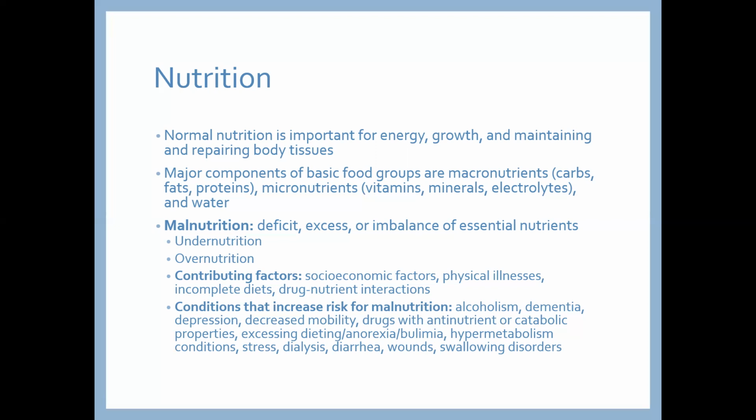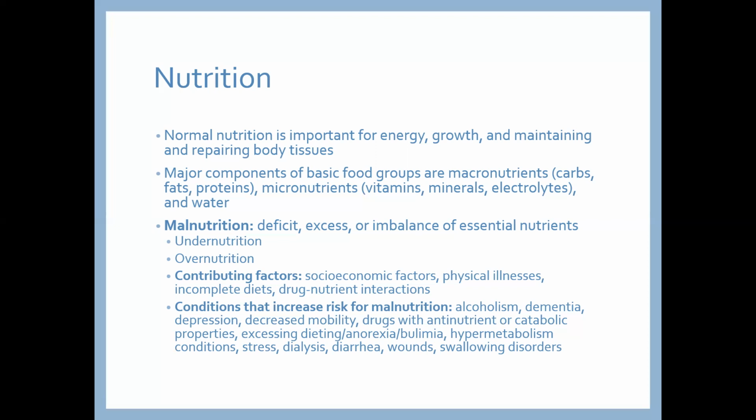And then conditions that increase a patient's risk for malnutrition: alcoholism, dementia, depression, decreased mobility, drugs with anti-nutrient or catabolic properties, meaning that they prevent the adequate breakdown or absorption of nutrients, excessive dieting, anorexia or bulimia, so types of eating disorders, hypermetabolism conditions.